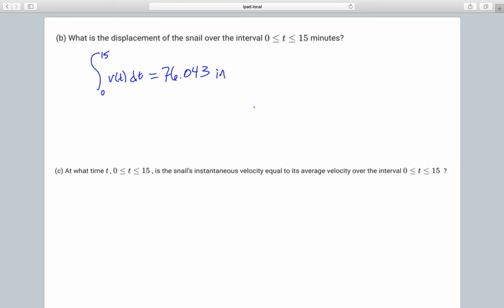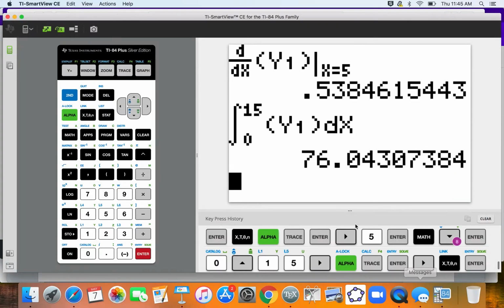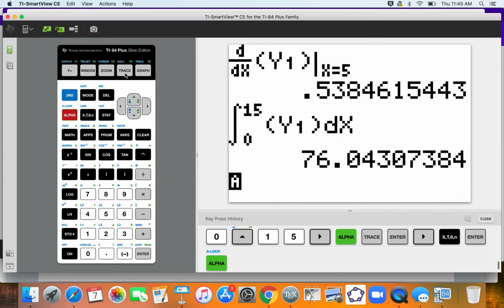All right, at what time t between 0 and 15 is the snail's instantaneous velocity equal to its average velocity over the time interval? So first thing we want to do is find its average velocity, which is just going to be the velocity between the endpoints, right? So it's going to be v of 15 minus v of 0 over 15 minus 0. Once again, this is something we would want to do in our calculator. So my velocity function is in y1.